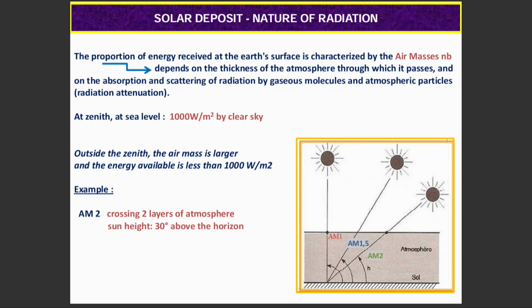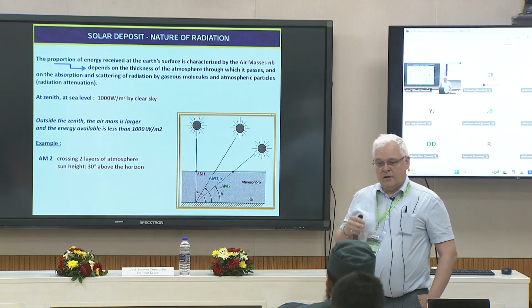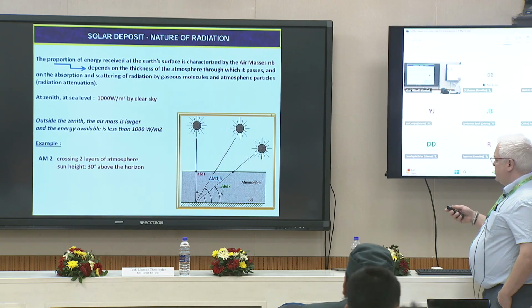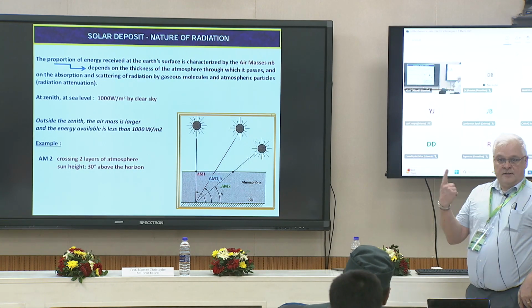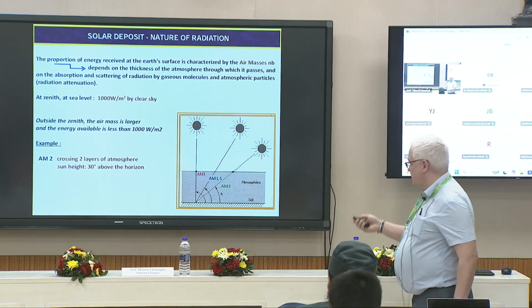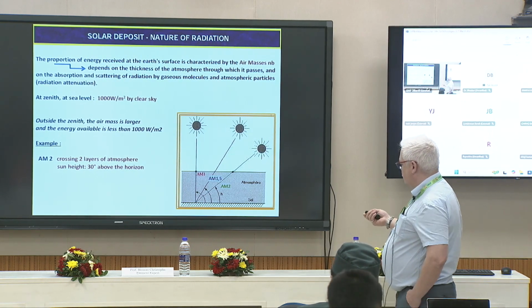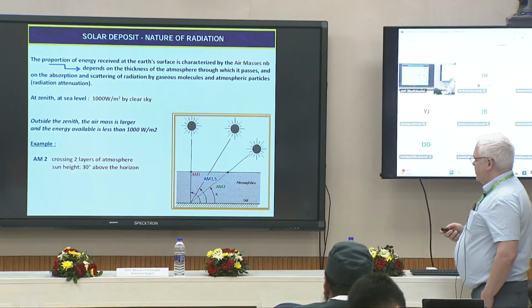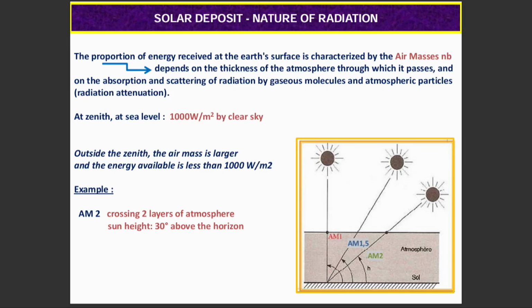Just to remind you also, depending on where you are on Earth and the position of the Sun, the radiation coming through the atmosphere can cross one atmosphere, what we call air mass 1, or 1.5, or 2 atmospheres, depending on the position.